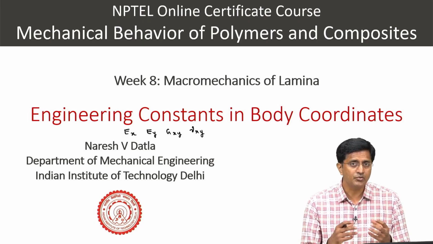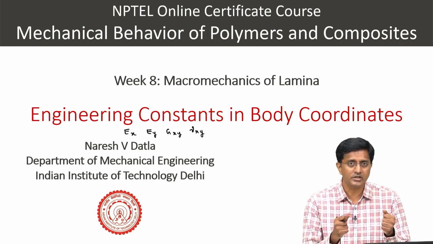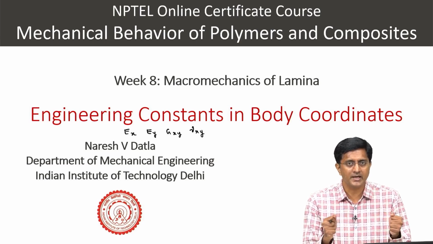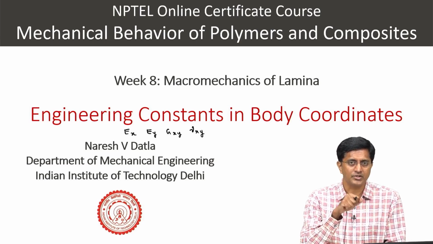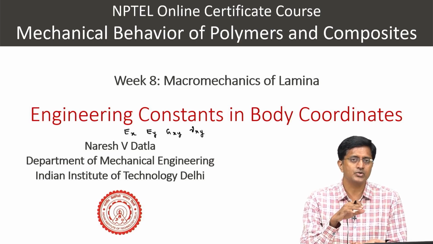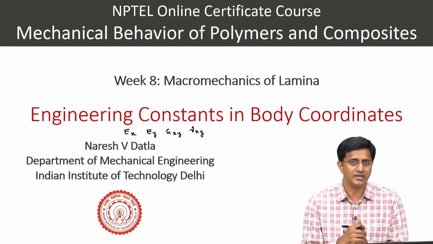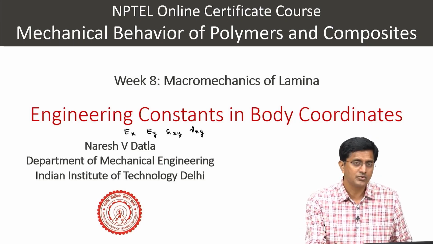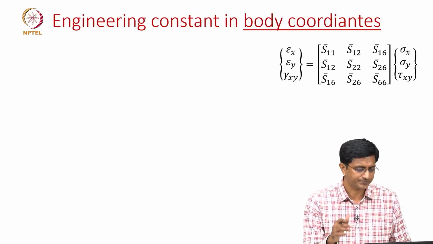The purpose is to give you an idea about the effective stiffness of the lamina in these body coordinates, like the effective stiffness in the x direction, the effective stiffness in the y direction, or the effective shear stiffness in this plane xy.